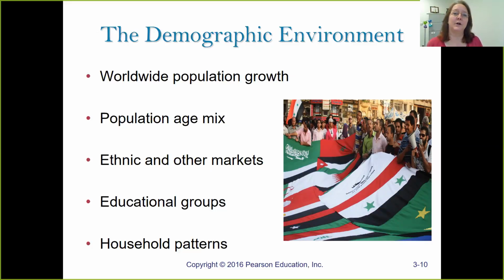We have a lot of couples who choose not to have children or have children later in life. And so our household size has shrunk drastically. And in that process, food companies have had to package, or consumer products have had to package things into smaller quantities, because we don't want, as consumers, to have this huge quantity of product sitting on our shelves for a long time.